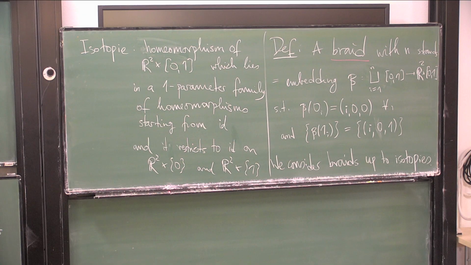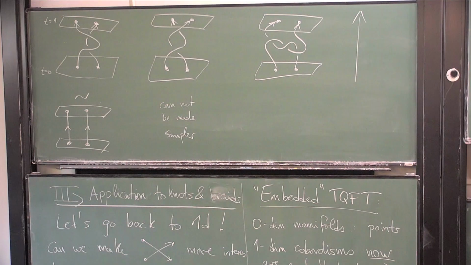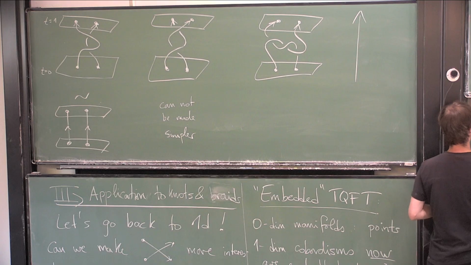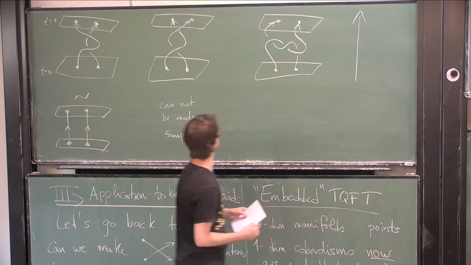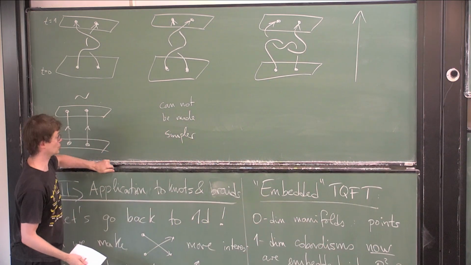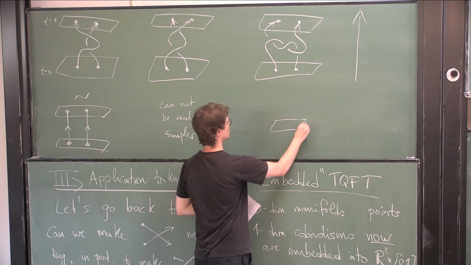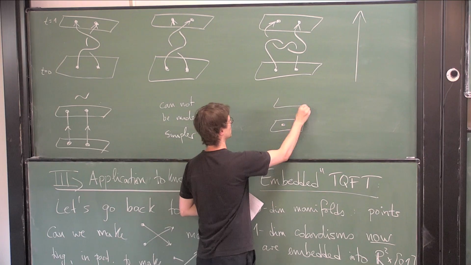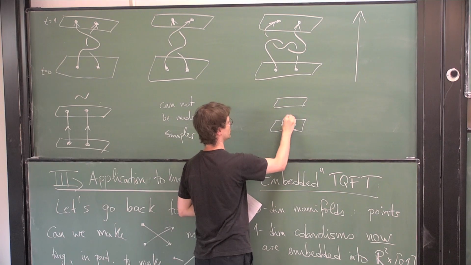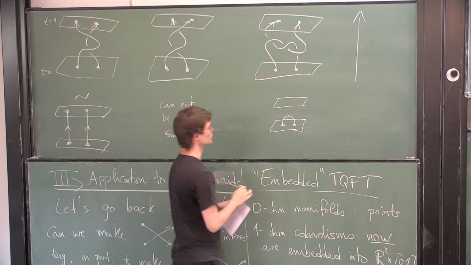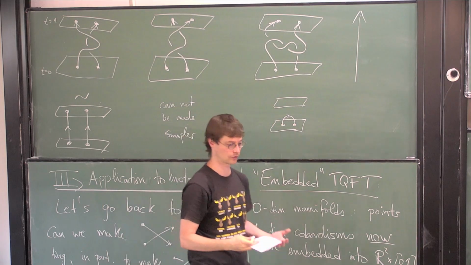Maybe one remark. From the TQFT perspective, there should actually also be diagrams which look like this. 2 points, nothing in such a thing. So this should also somehow exist.